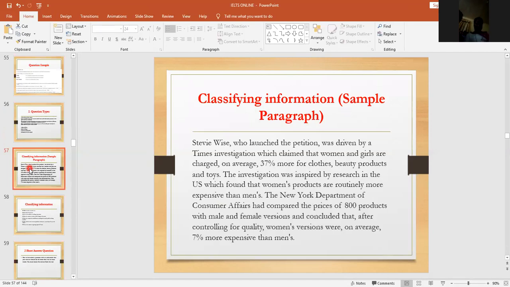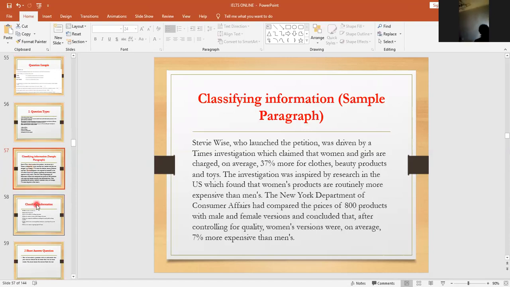The New York Department of Consumer Affairs had compared the price of 800 products with male and female versions and concluded that, after controlling for quality, women's versions were on average 7% more expensive than men's. The main idea of this passage is that women's products are more expensive than men's in the US. Somebody launched the petition, some people did an investigation, the Times investigation, the New York Department. Those are the key things that happen in the passage.